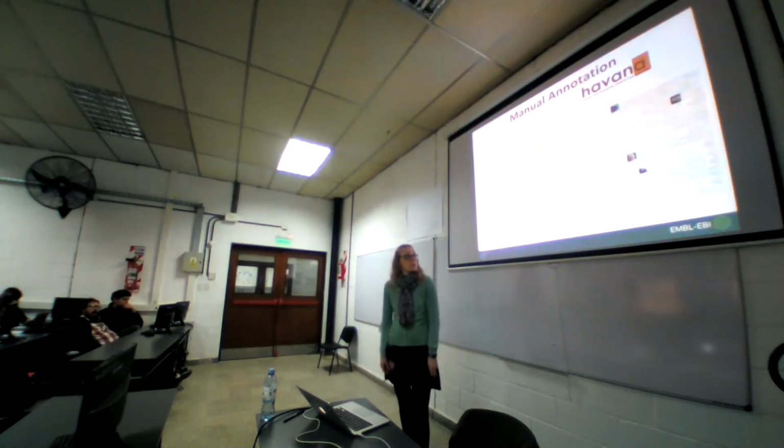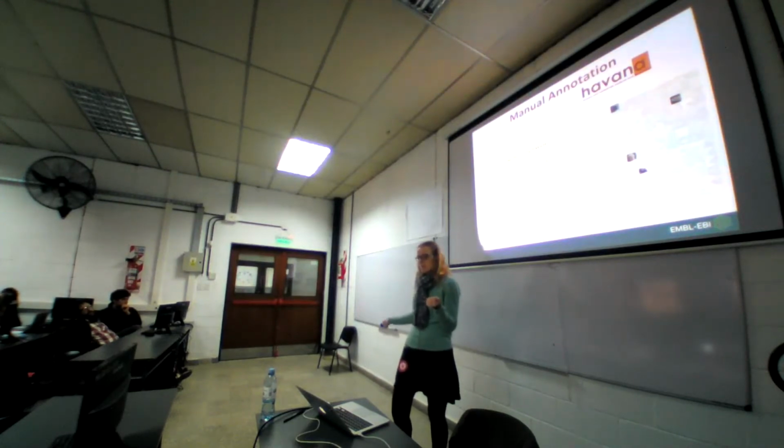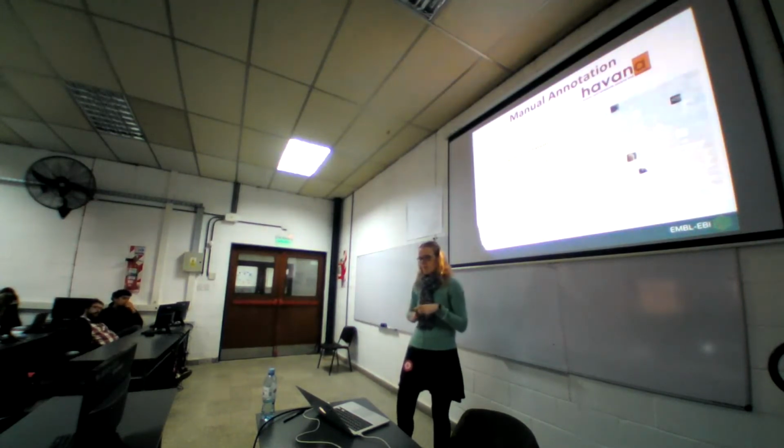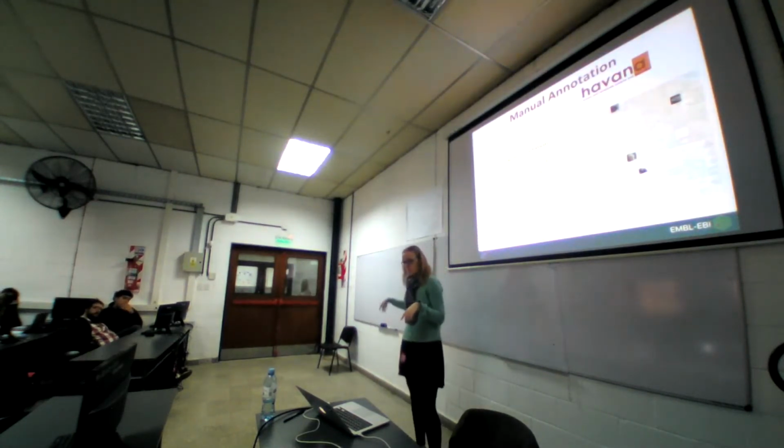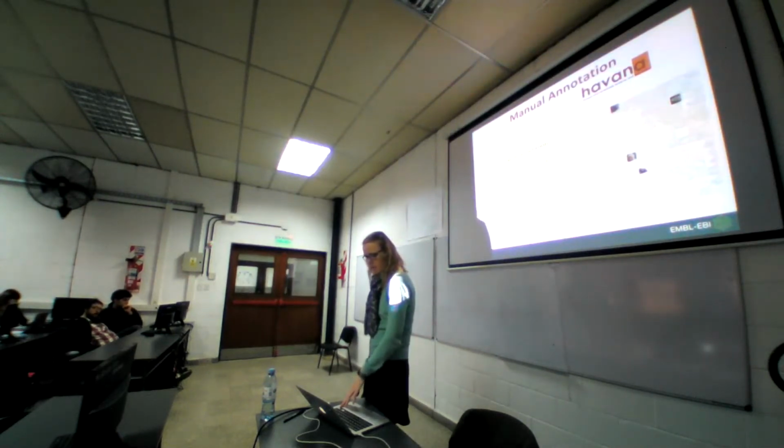They have just finished the human genome, and recently finished the full annotation of the mouse genome. So these are the two genomes for which the manual annotation has been completed once. They also do this for pig, for rat, and for zebrafish.